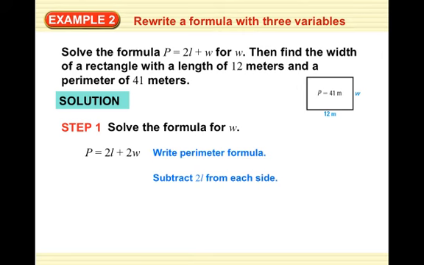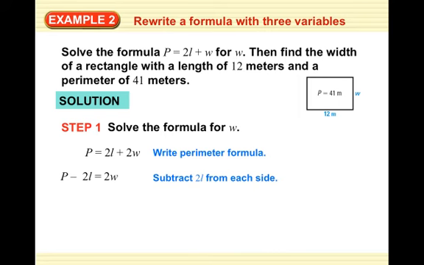Since it's a positive 2L plus 2W, we're going to subtract 2L so that it will cancel out on the right hand side. So we're going to subtract 2L from both sides, so we're just going to have P minus 2L on the left. On the right, when we subtract 2L, they'll cancel away, so we just have 2W.